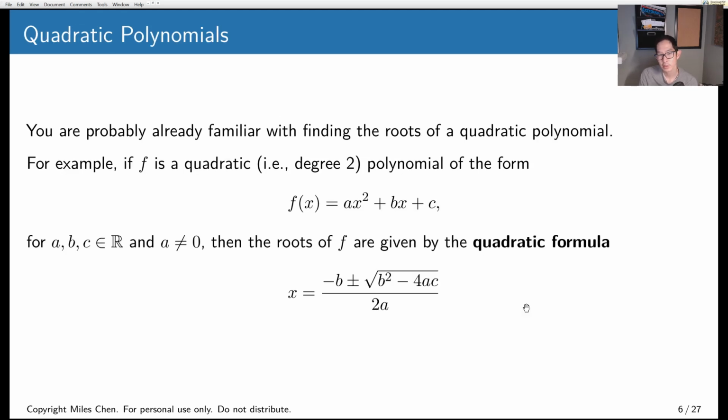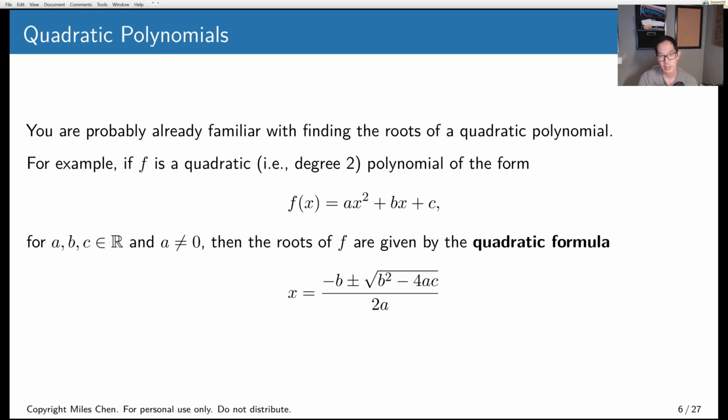Okay, so let's say you have a quadratic polynomial, and it's in the form f of x is equal to ax squared plus bx plus c. Well, we could figure out the roots of this by using the quadratic formula, right?